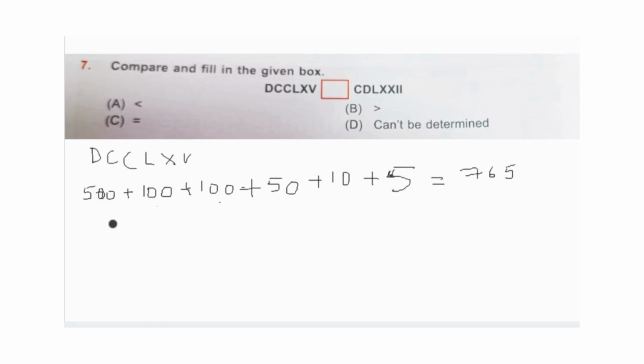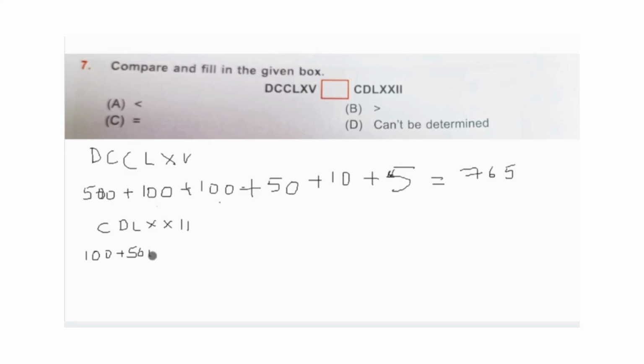Now let's write the second Roman number, which is C, D, L, X, X, and I. The value of C here is 100 and the value of D is 500.